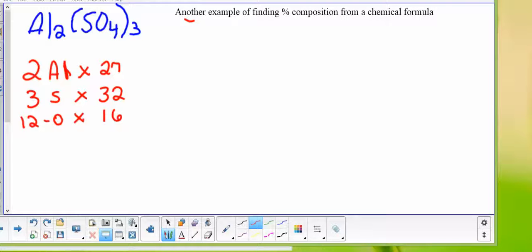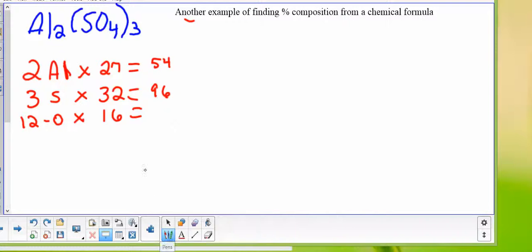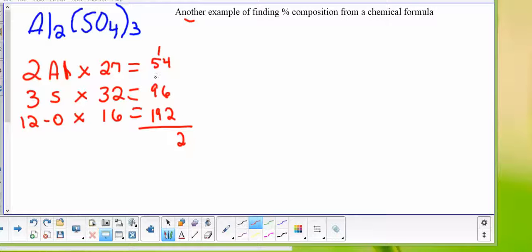Now I multiply across. 2 times 27 is 54. 3 times 32 is 96. 12 times 16 is, someone help, 192. Add that. And we get 342 for our total.